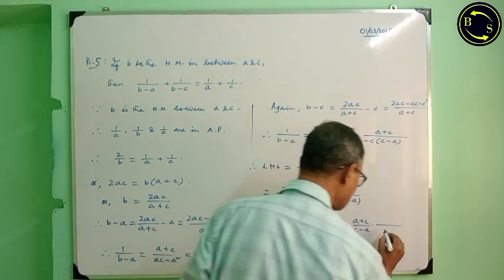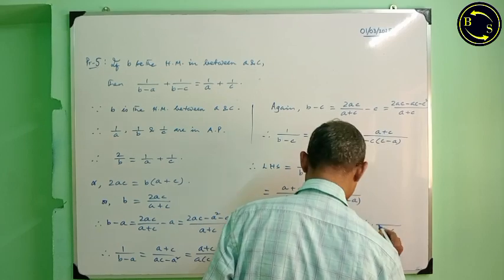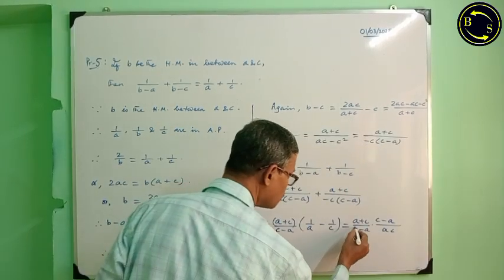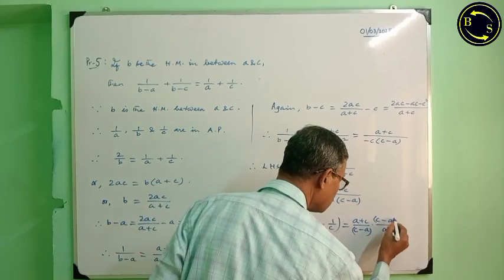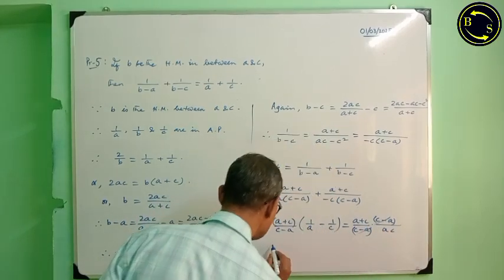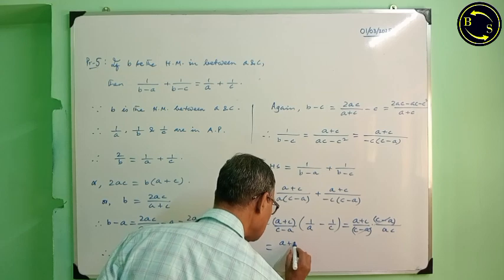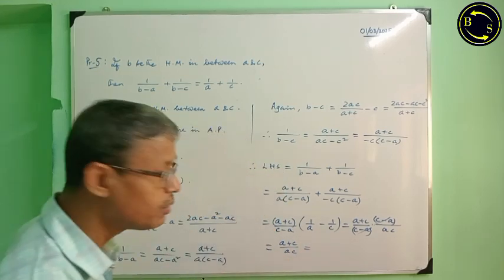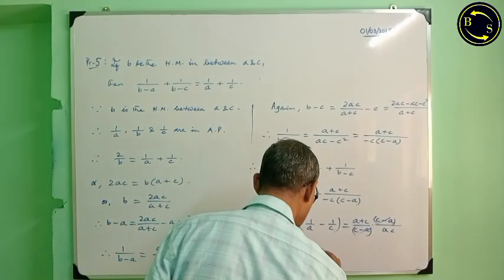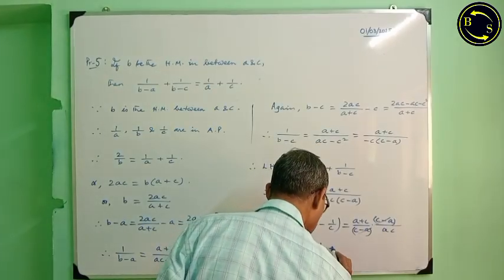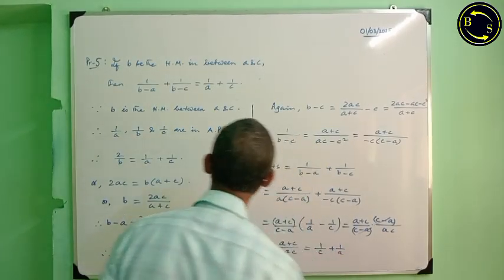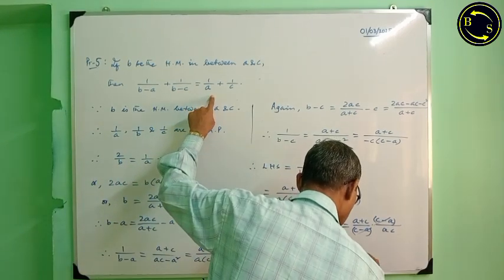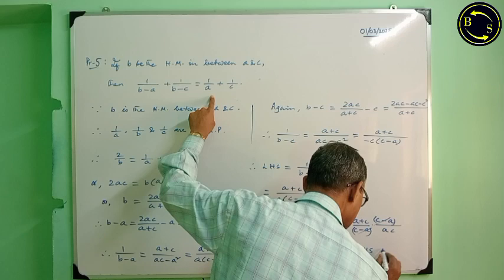We simplify, the denominator will be AC and the numerator will be C minus A. Therefore, on simplification, these are cancelled. (A plus C) by AC. Now, using distributive law of division, it will be 1 by C plus 1 by A. That is the right hand part. Therefore, that is equal to RHS proved.